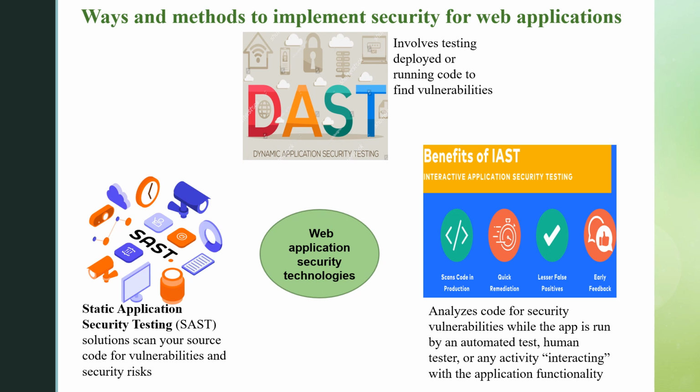For web application security technologies, we have SAST, static application security testing, which scans your source code for vulnerabilities and security risks. We have DAST, dynamic application security testing, which involves testing deployed or running code to find vulnerabilities. And we have IAST, interactive application security testing, which analyzes code for security vulnerabilities while the app is running.